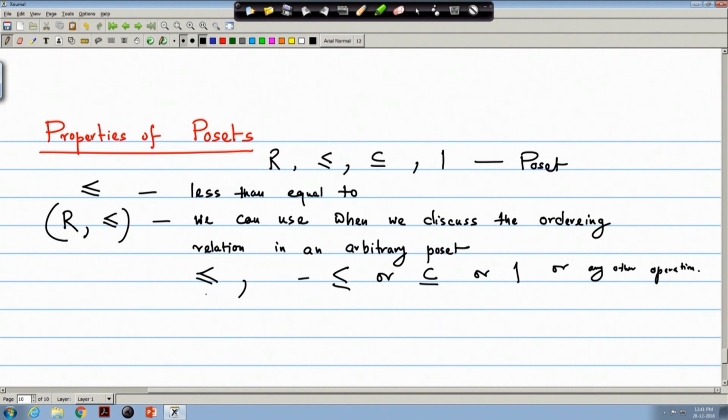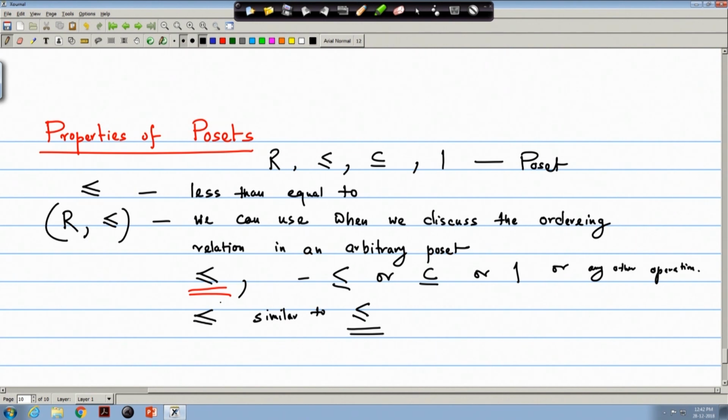We have used a notation similar to less than or equal to because posets are very easy to understand with the relation less than, that means an ordered set, and that is why it is a similar type of thing.